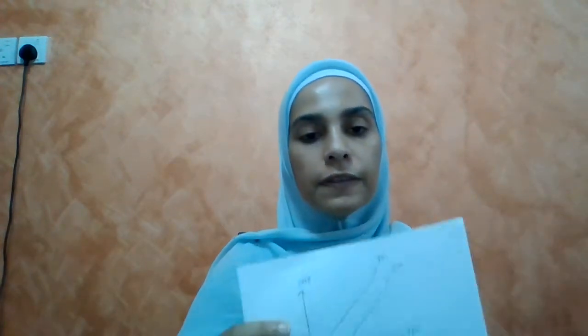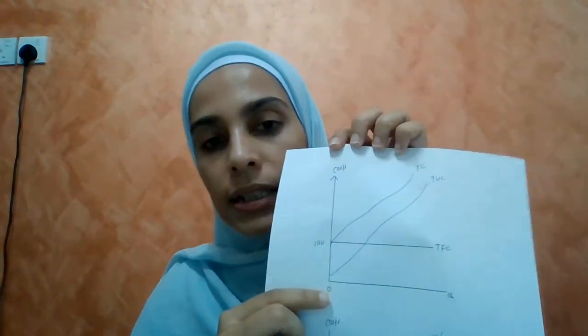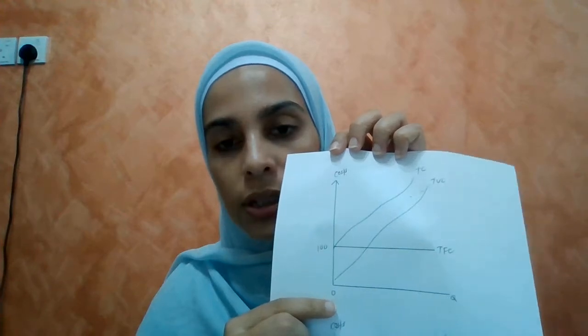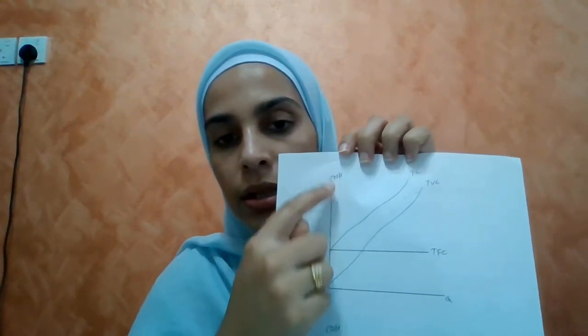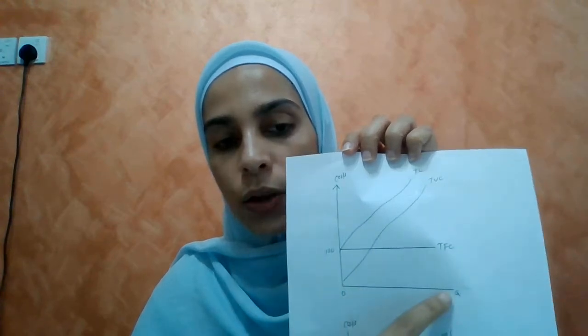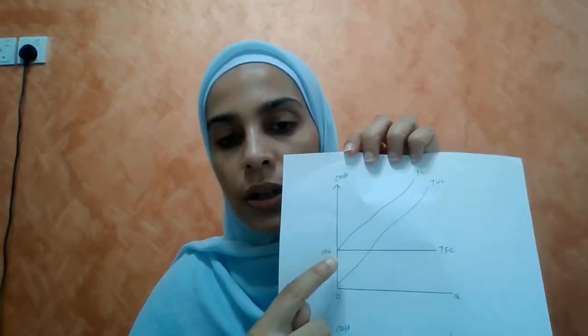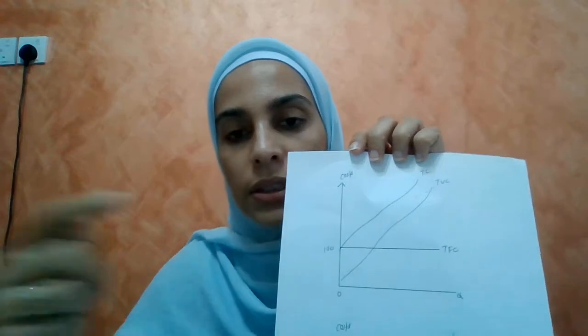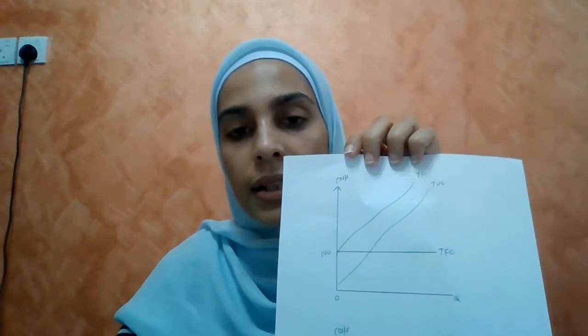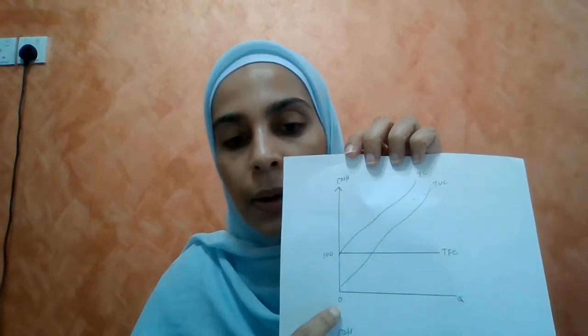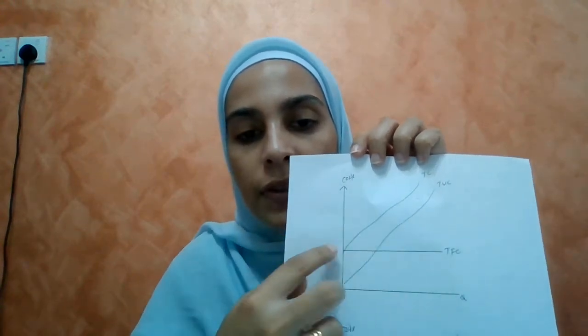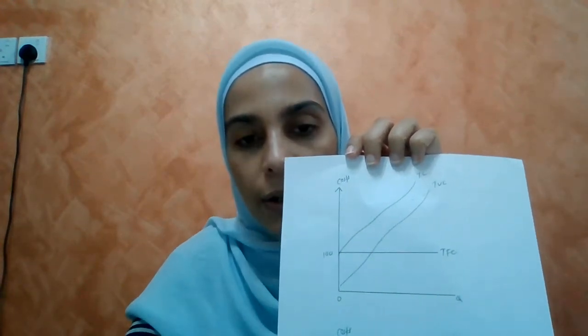Right, so in graphical terms, kita nak tengok dalam bentuk graph. Ini adalah total cost, total variable cost dengan total fixed cost. This is the diagram, the cost and then quantity. So fixed cost is horizontal. Sebab apa? Dia tidak berubah. Sama ada kita tak produce apa-apa ataupun kita produce banyak mana, fixed cost kita tetap sama, 100.